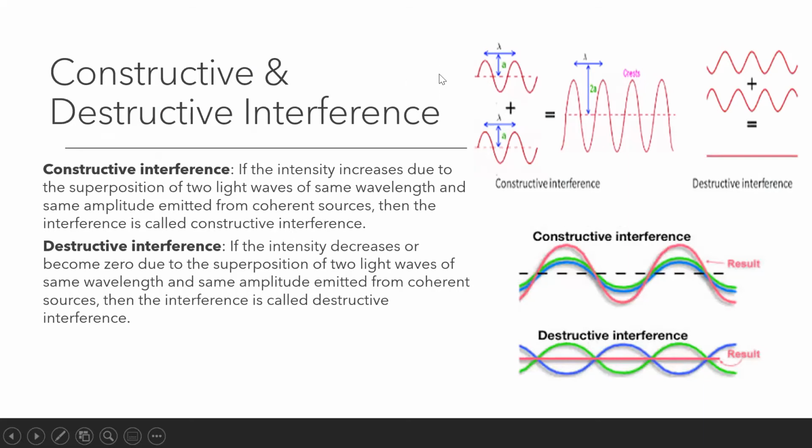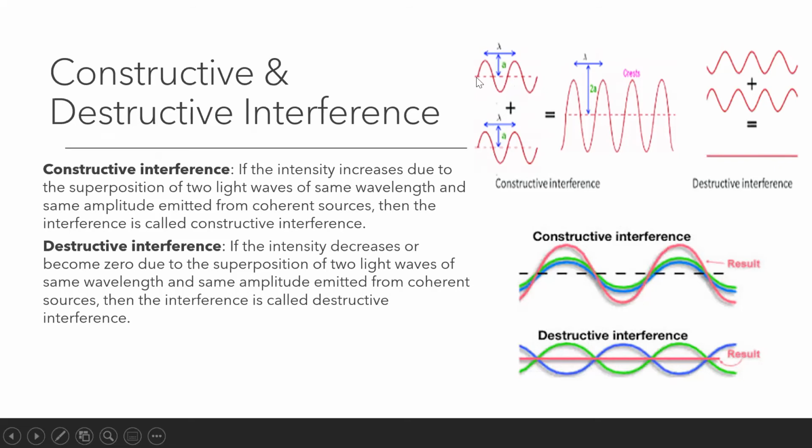For example, look at this figure. What do you call the upper part? You have learned waves, right? What is the upper part of this wave called? Yes, crest. What do you call the down part? Trough.